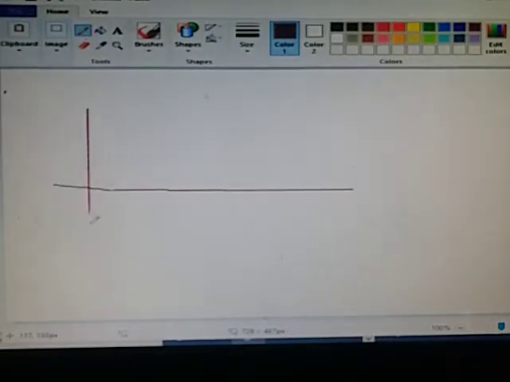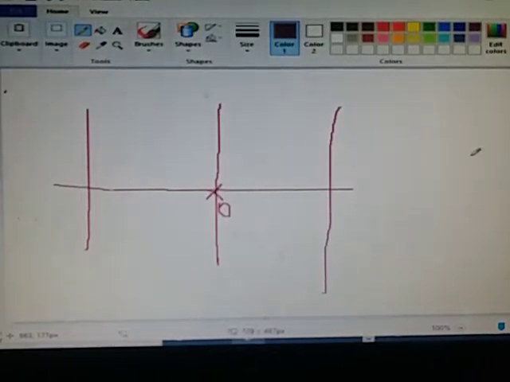This is minus 5, this is 0, and this is plus 5. If you draw the graph, how will you get it? y is equal to x minus 3, which is positive when x is greater than 3.